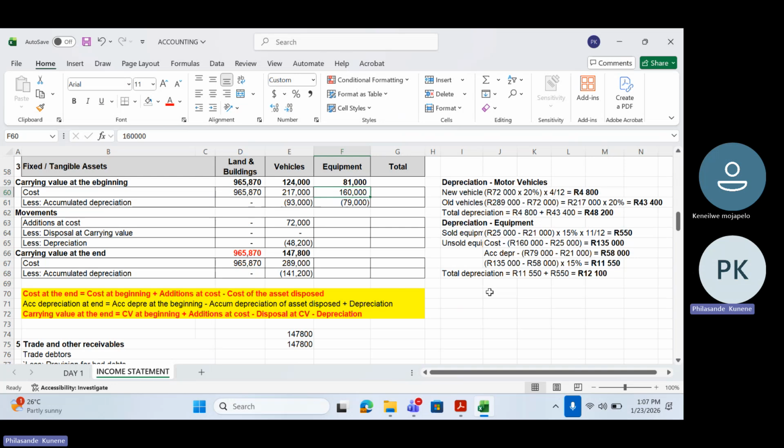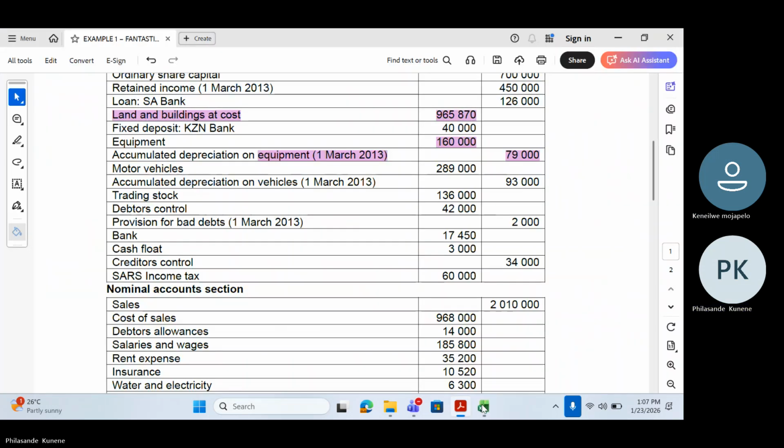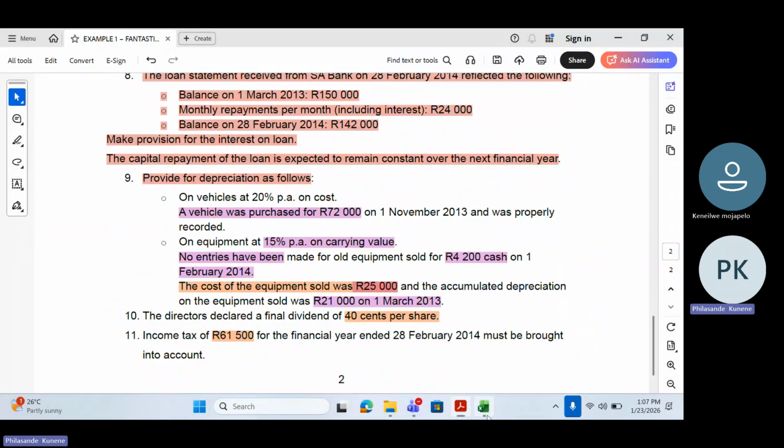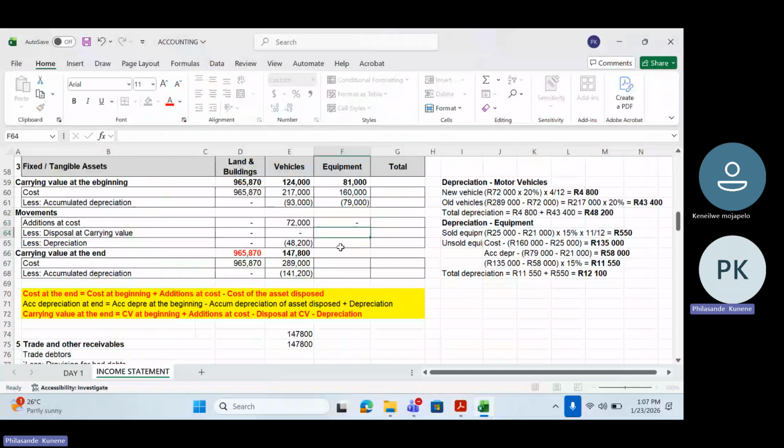I'm getting 81,000. Then now, additions at cost. Did we buy any equipment? No, we did not. Instead, we sold, né? So our additions at cost will be 0.